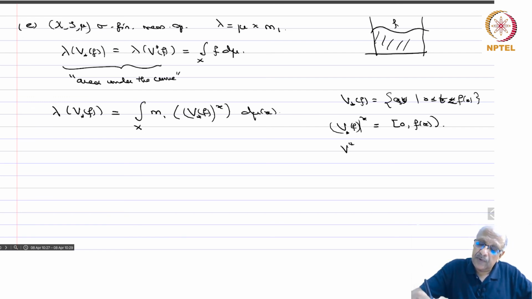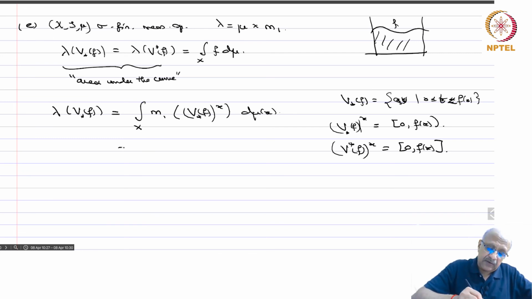Similarly, V superstar f section at x is nothing but 0 to f of x closed. So m1 of this interval is f of x, so this is equal to the integral over X of f of x d mu of x. It's equal to the integral of f d mu.